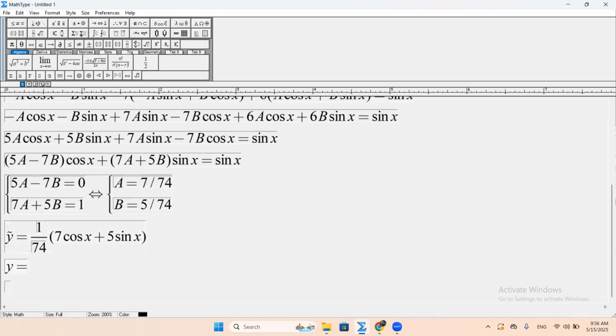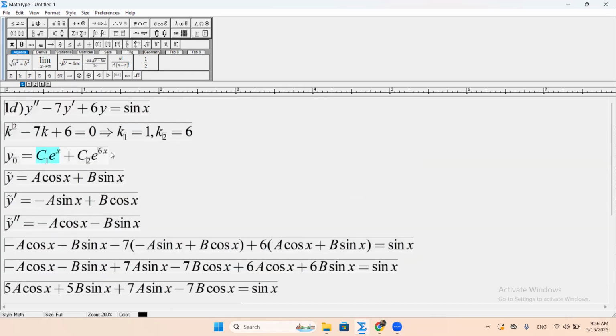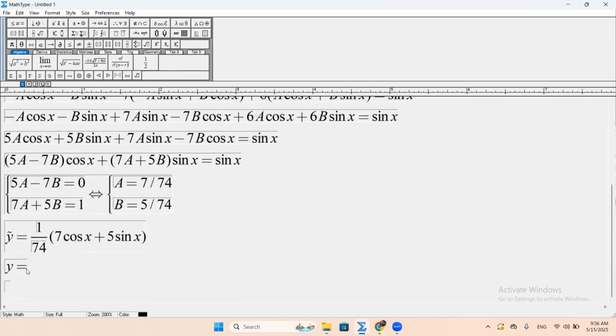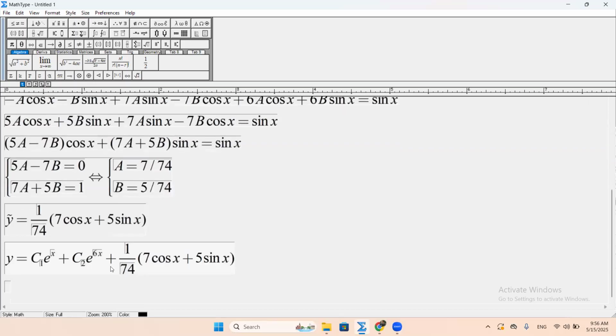The final answer will be C1 e to the power of x plus C2 e to the power of 6x plus this trigonometric expression. So it's done. Any questions about this exercise?